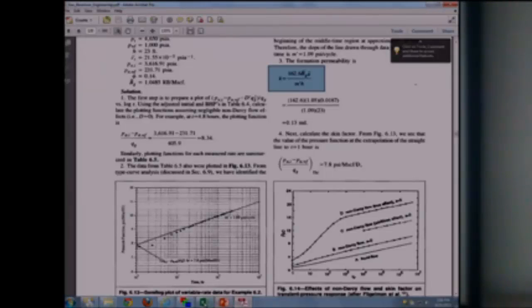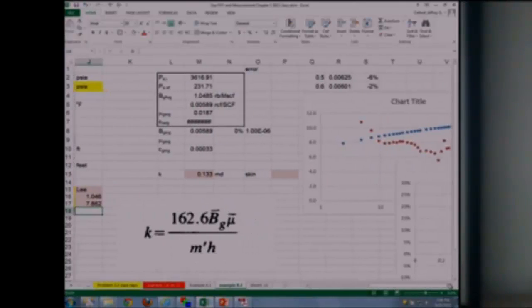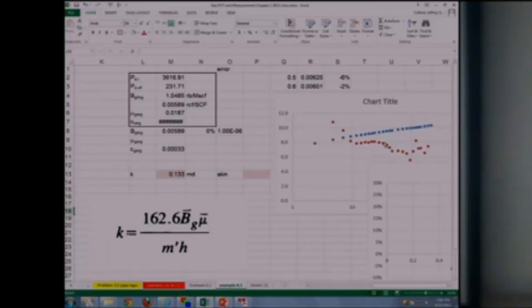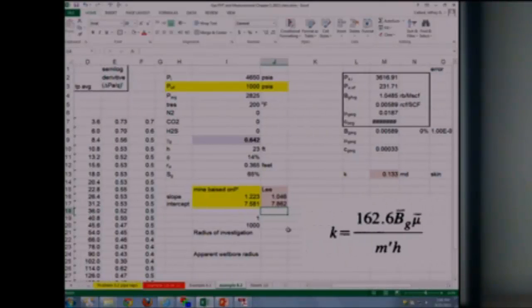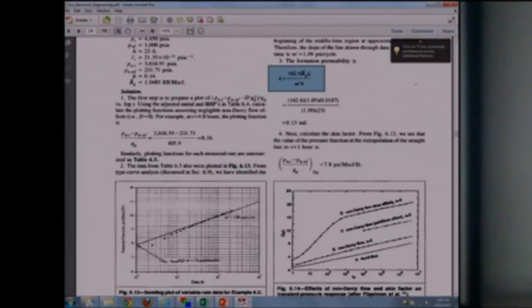At 1 hour, am I doing something wrong? The intercept on this graph of my slope at 1 hour is a little less than 8, 7.8. I'm getting 7.5. I don't know how we're getting over 8. No, they're not. 7.8.